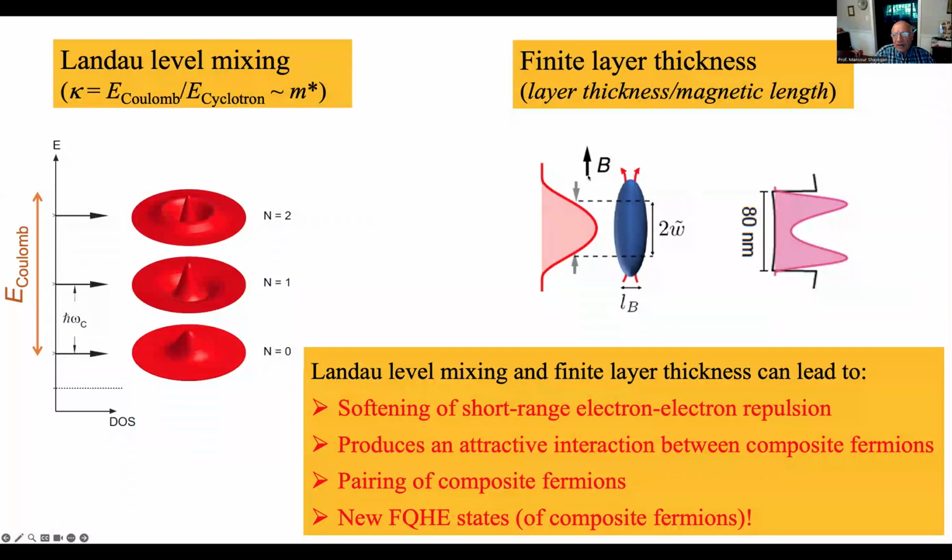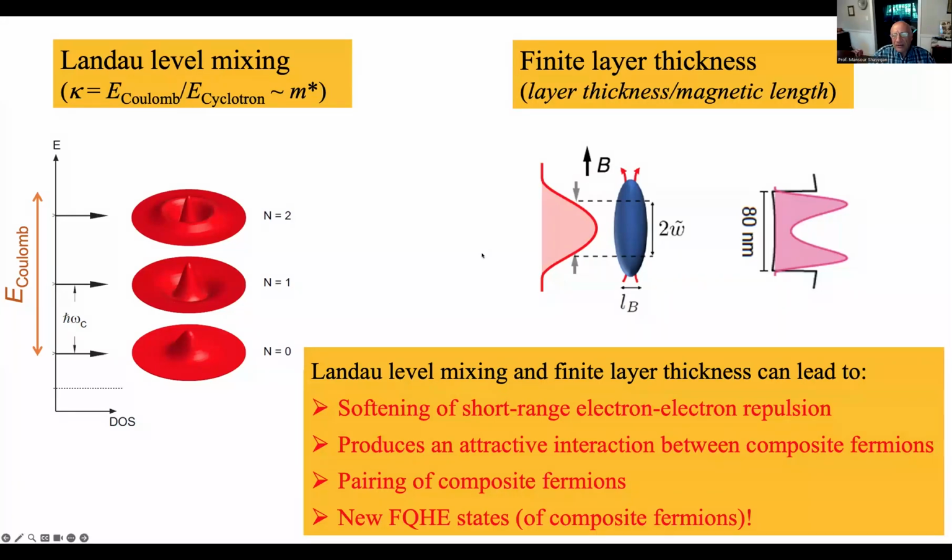So here is a magnetic field in the z direction. This is the charge distribution of the electrons, say, in the quantum well. And what happens is, if this is thick compared to the magnetic length, the size of the orbit, that means that the electrons are spread essentially along the z direction.